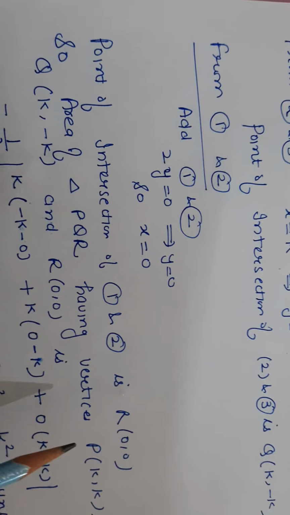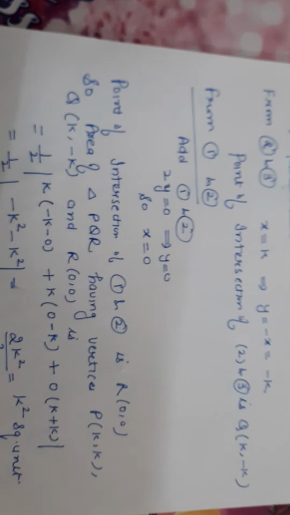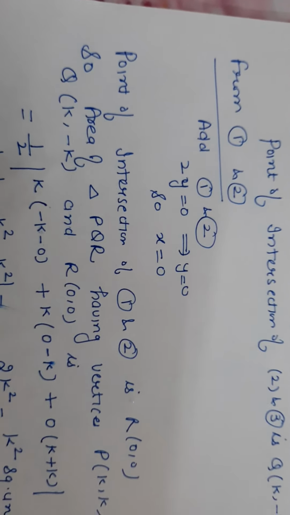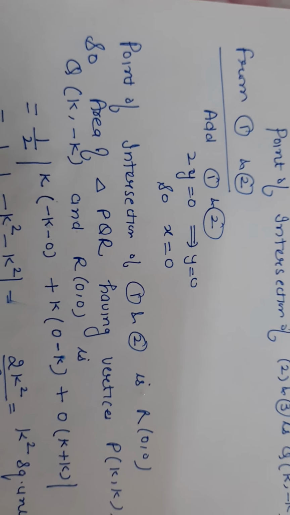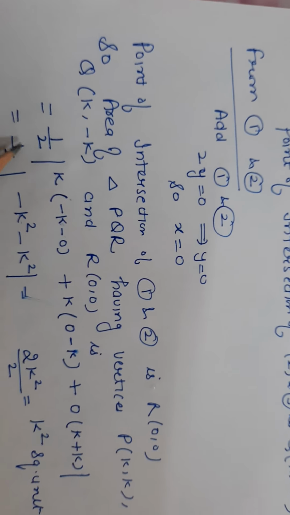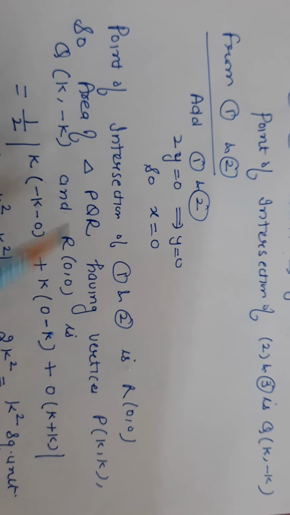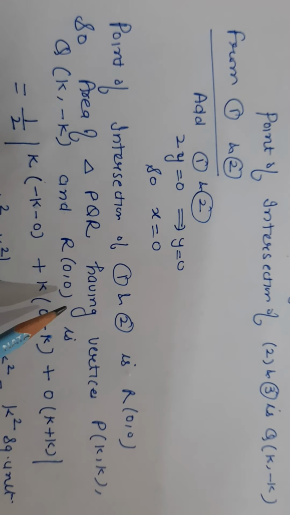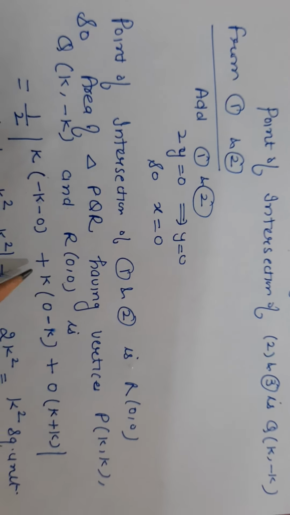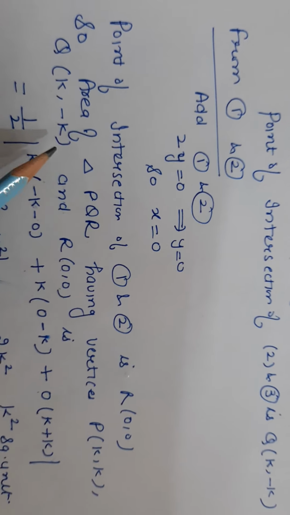So find the area of the triangle. Find the area of triangle PQR by the formula used in 10th standard, that is half mod of x1, that is k, into y2 minus y3, that is minus k minus 0, plus x2, this is k, into y3 minus y1, 0 minus k, plus this is 0, x3 into y1 minus y2.